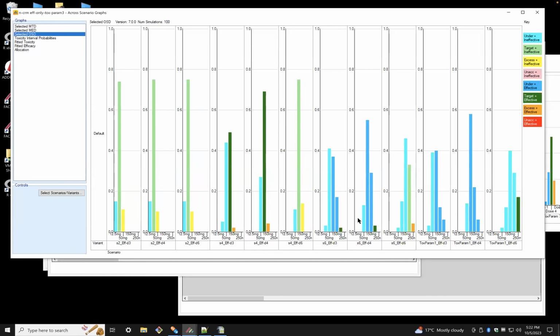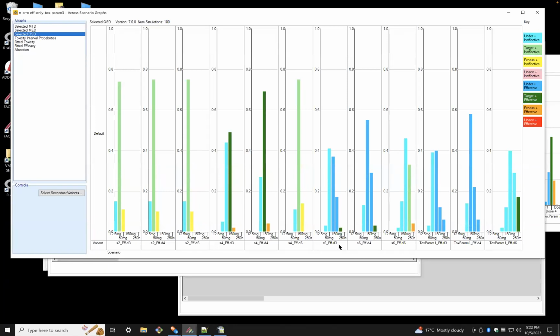And then we have a range where the MTD is at dose 6, and we start to have more under-toxic but effective, so the dark blue, except when they're both at dose 6, where we have some under-toxic and ineffective, or a little bit of light green, where we're at the target and effective.